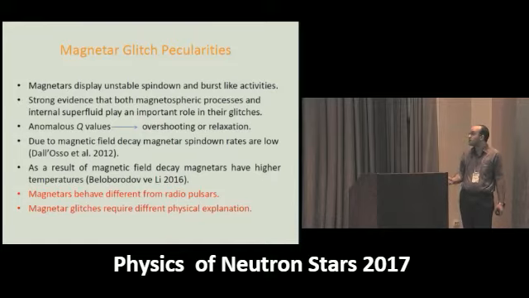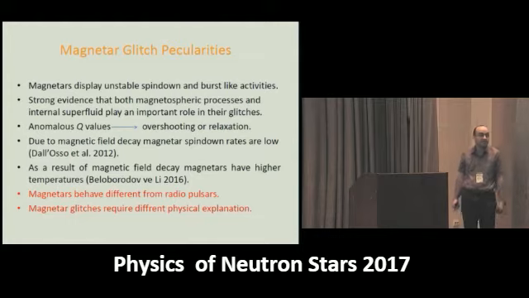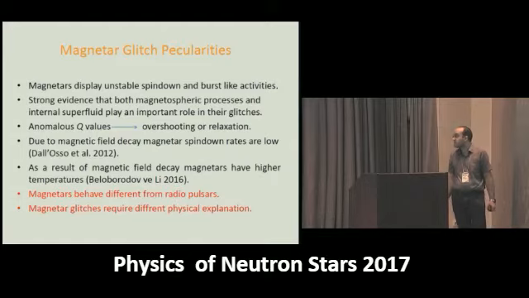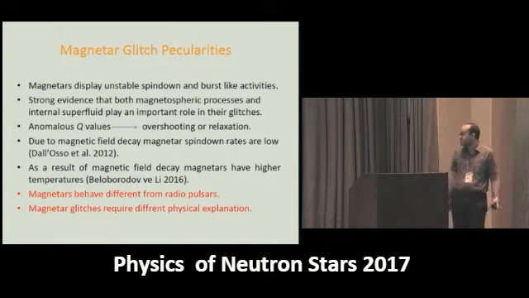They show over-relaxation, and due to the magnetic field decay, magnetars have low spin down rates, which increases the relaxation time scale. And also, magnetars have a very large persistent surface temperature. So magnetars behave differently from radio pulsars, and their properties must be considered in detail with a physical explanation.